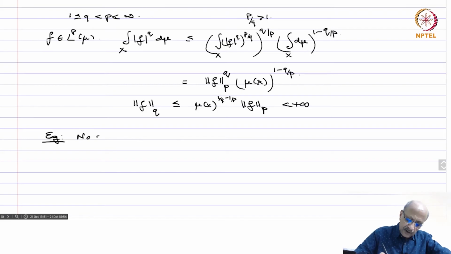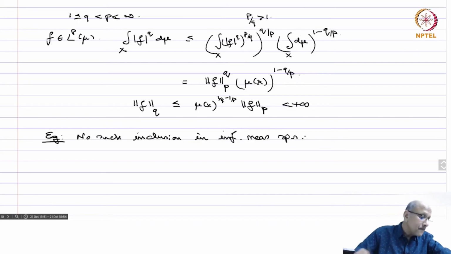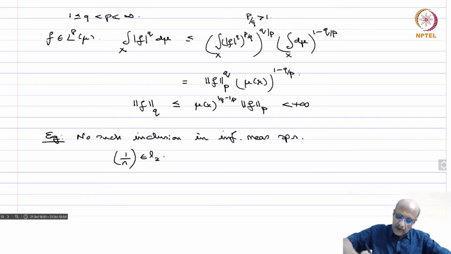No such inclusion in infinite measure spaces. So you have 1 by n, the sequence 1, 1 half, 1 by 3, etc. It belongs to little l2 because sigma 1 by n square is finite.